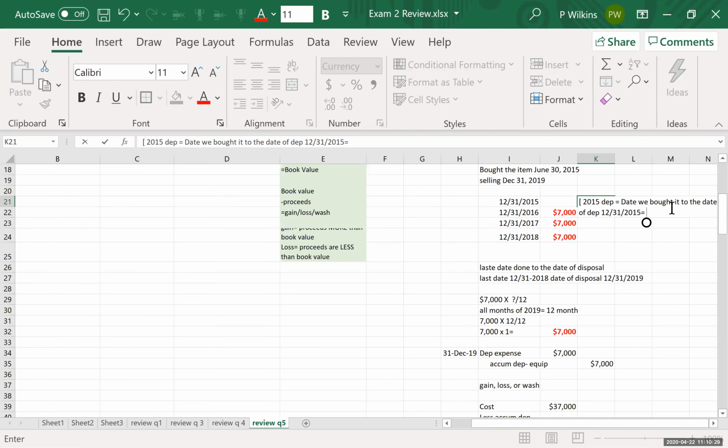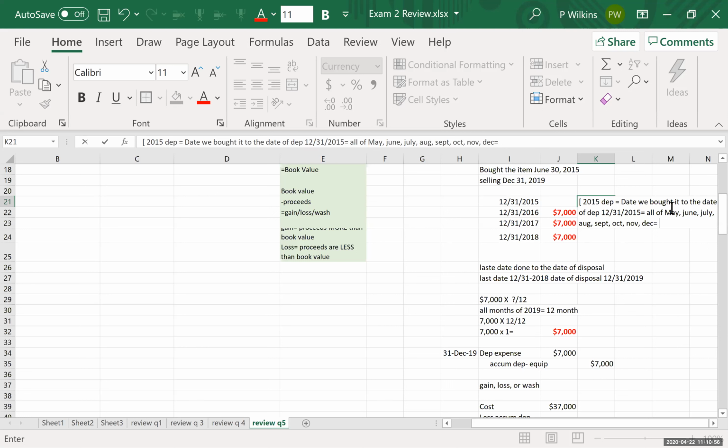So this becomes equal to, we bought it on April 30th. So it would have been all of May, June, July, August, September, October, November, December. So that's how many months? Why May and June? When did it start, July?